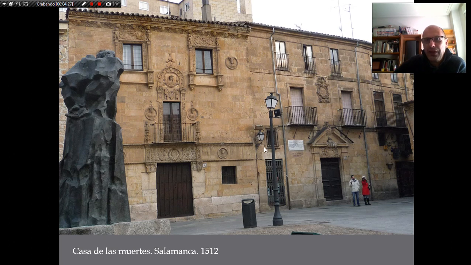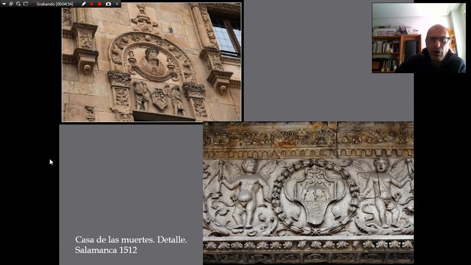The real thing is that we have a skull here in this part of the window. And this skull, guys, is a symbol of death, and it's going to be used a lot during the 16th century. So probably we associate this symbol, this skull, with death, and that's why we have the name of this house.